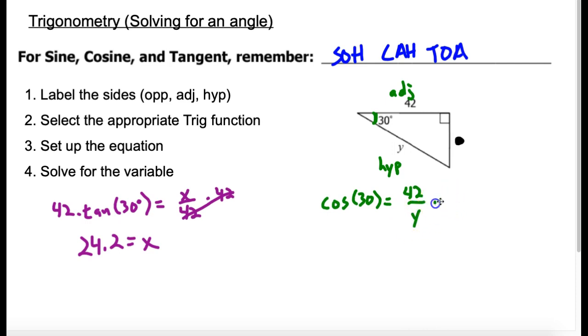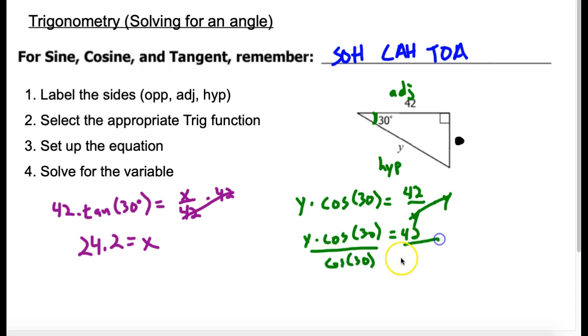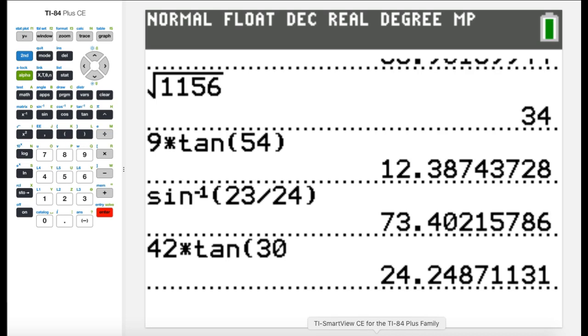So to solve for y, we need to multiply both sides by y, and then we will end up dividing by the cosine of 30. So these cancel, and we'll put 42 divided by the cosine of 30 into the calculator.